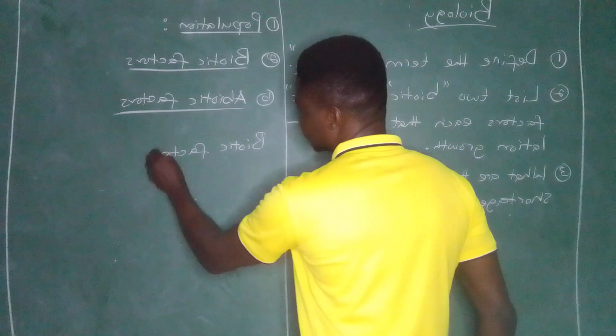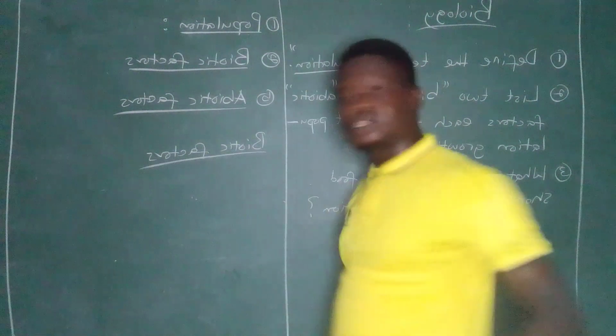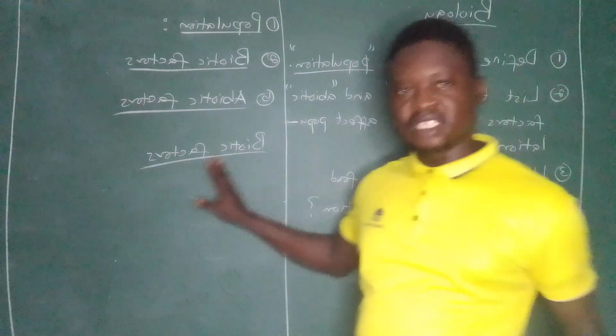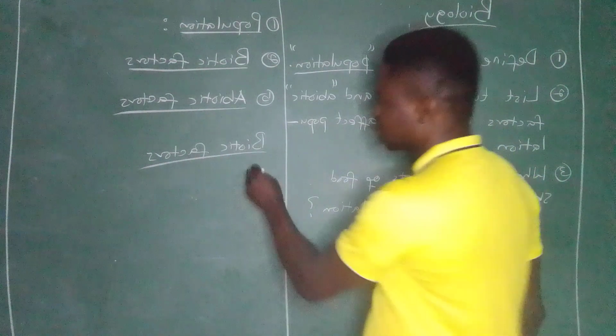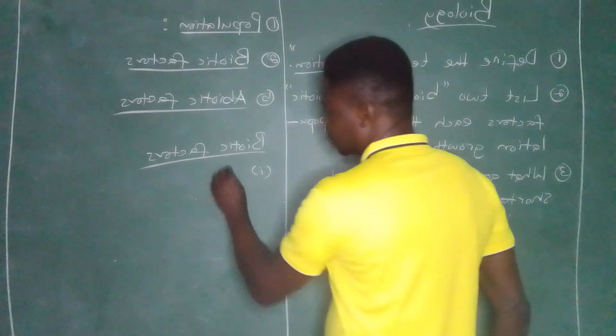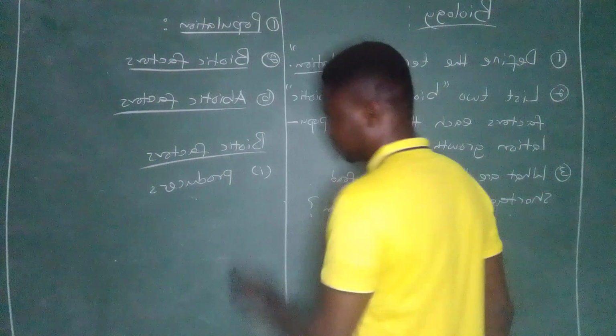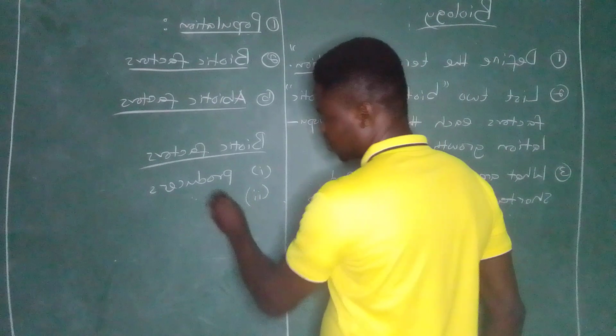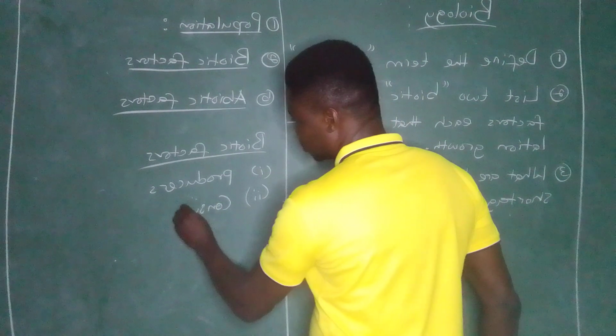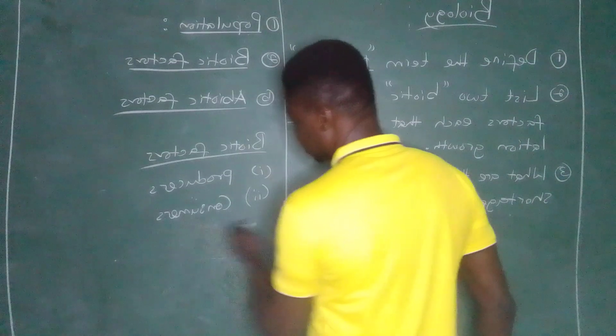Under the biotic factors, this is divided into 1. Producers. 2. Consumers. 3.